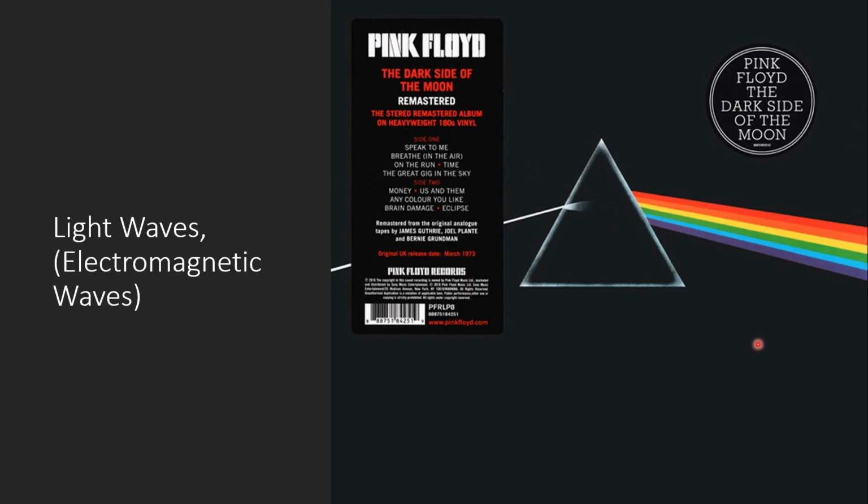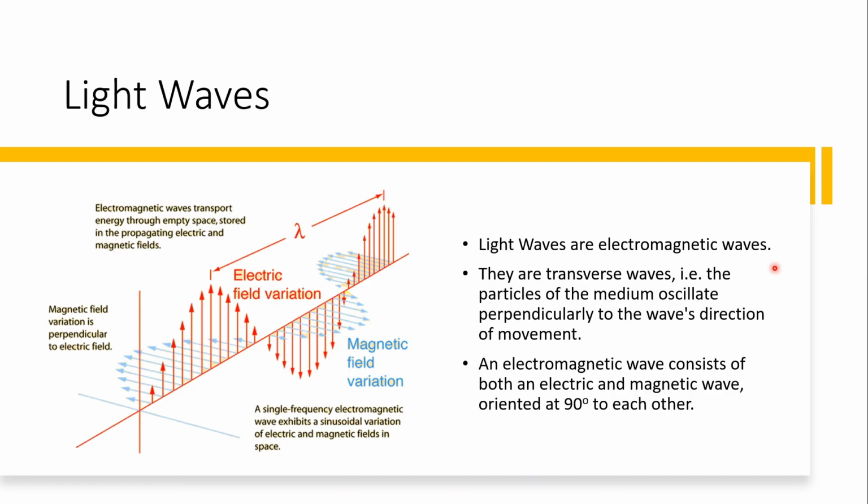And light waves are essentially to do with what? They're transverse waves. They're electromagnetic waves. Electromagnetic waves means that we're talking about an electric field and a magnetic field. A light wave has both of these things.